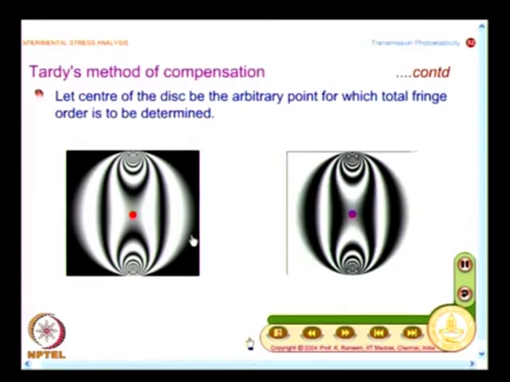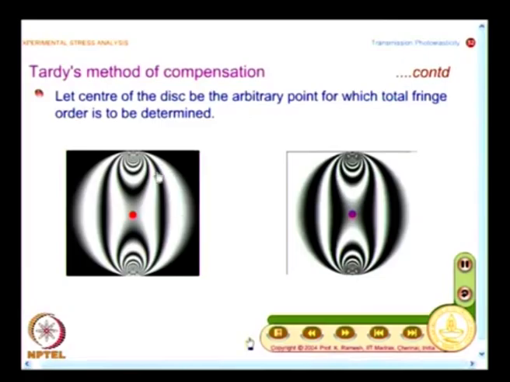There is a particular reason behind it, because the next topic we are going to discuss is how to find out the material stress fringe value f sigma, and I would use a circular disc under diametric compression as the basic model for finding out f sigma, and we will use Tardy method of compensation to find out the fringe order accurately.